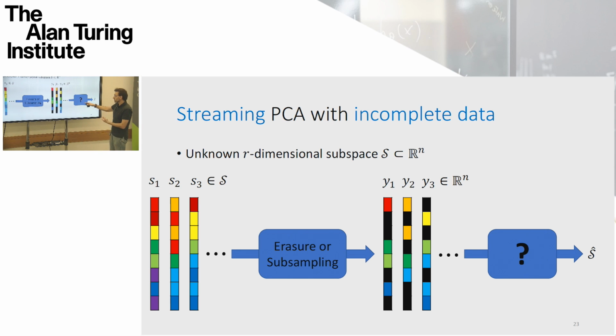So now the question is to come up with a streaming algorithm that would estimate the original subspace S. And by streaming, I mean that at any time, you're only allowed to store very little of the data. That's important when you have high dimensional data and a lot of it.